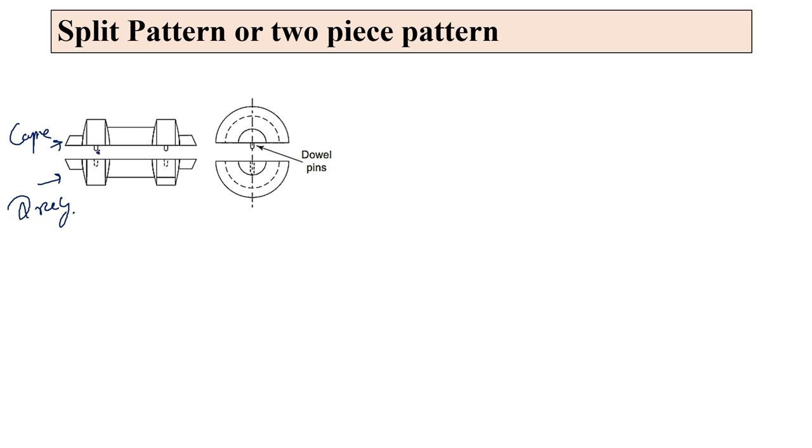So these are the dowel pins, and here also shown the dowel pins. One half portion of this pattern is in the drag part, and one half portion is in the cope portion.